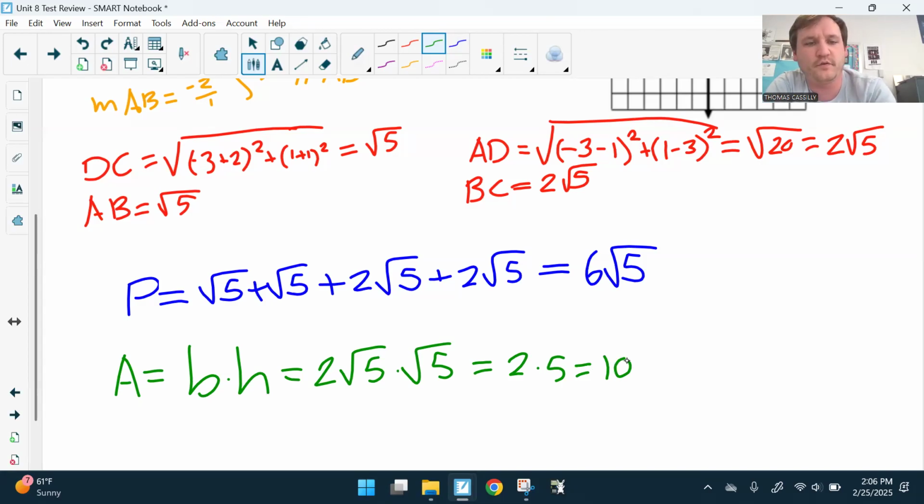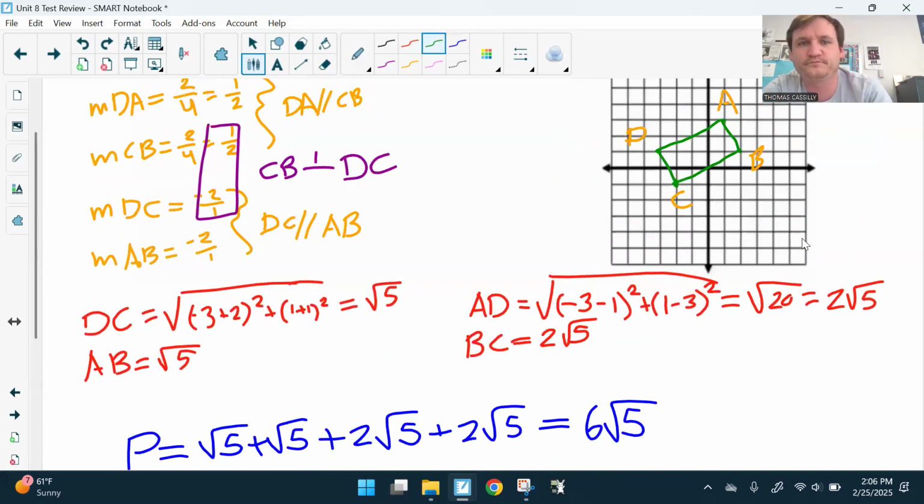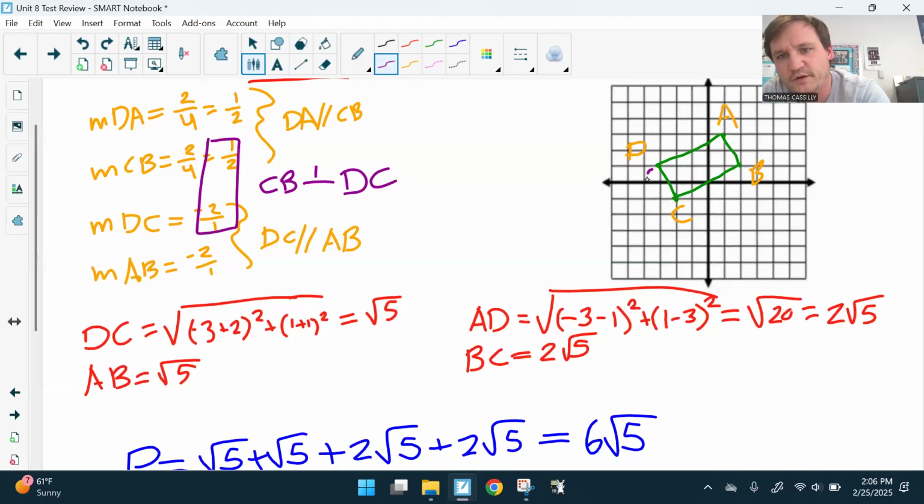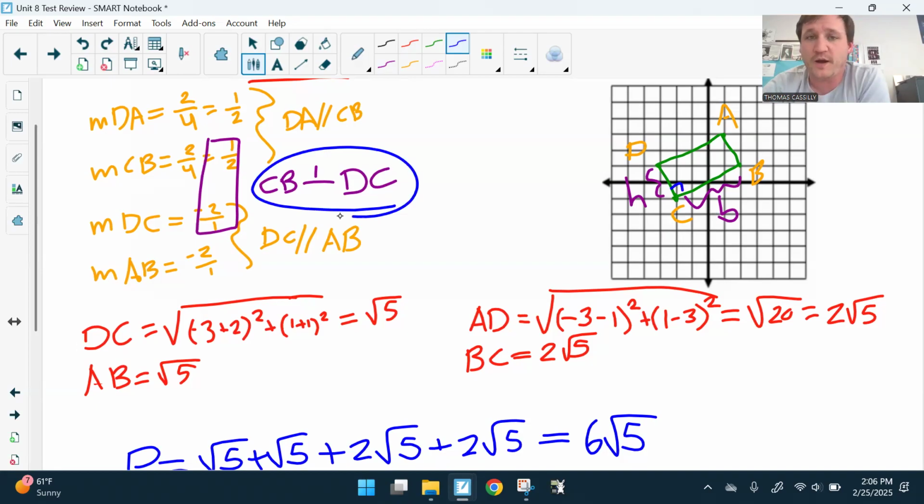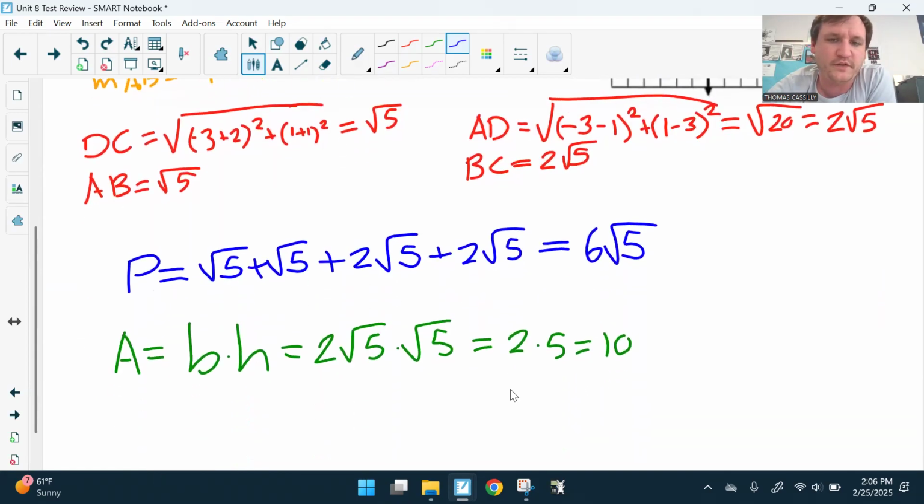You could think of this piece right here as the height and that as your base. Those are perpendicular. We know they're perpendicular because of opposite reciprocal slopes. So we can just multiply those together. We have an area of 10.